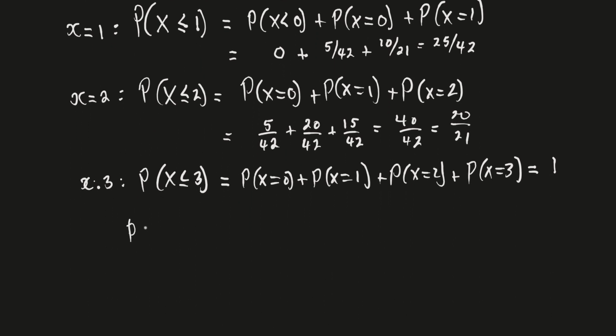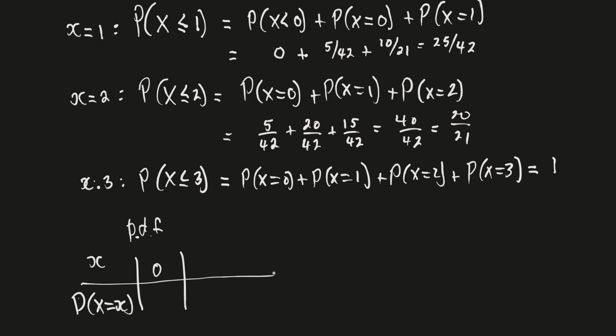So now let's state both of these together. I'm going to state the PDF on this side. I'm going to restate that table. So the probability that x is equal to little x. And these are exact probabilities. That's why we're using equal to.